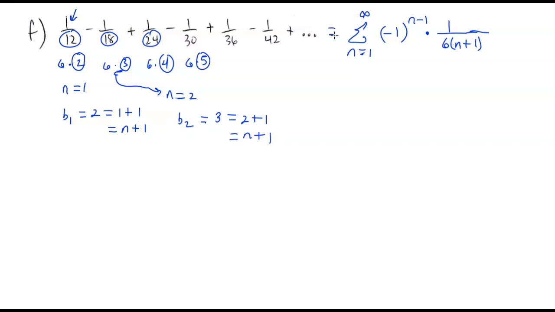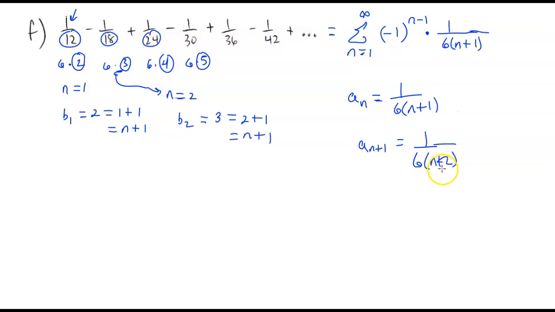We could do the ratio or root test to see if we have absolute convergence, but more than likely that is not going to be the case. Now, how do I know that? Simply put, if I come up with a sub n and a sub n plus 1, a sub n is going to look like this, and a sub n plus 1 is just going to be 1 over 6 times n plus 2.